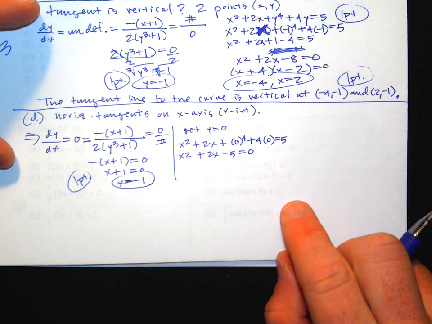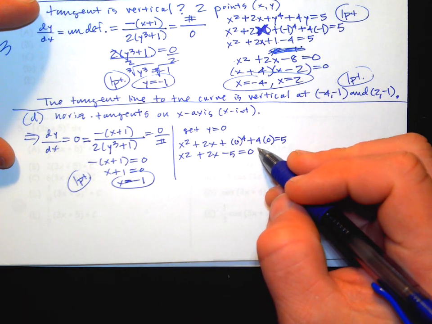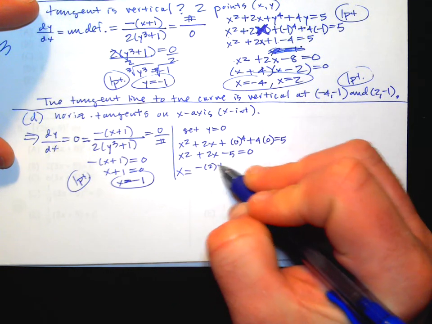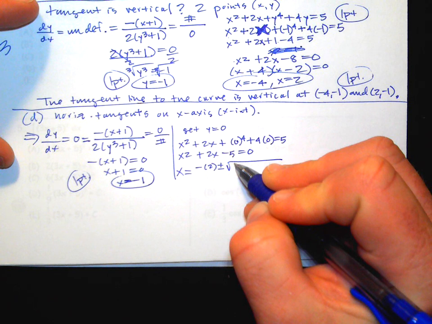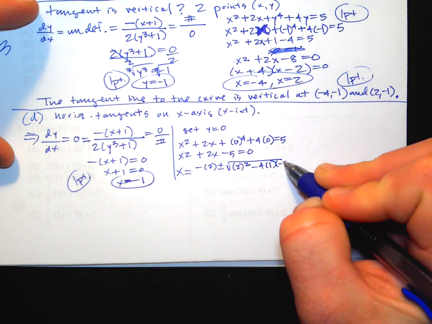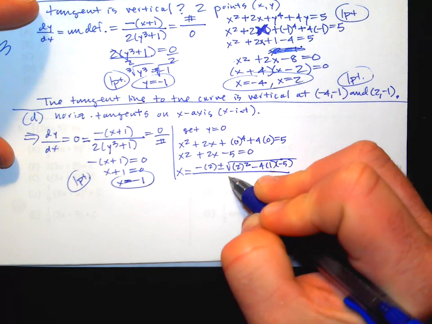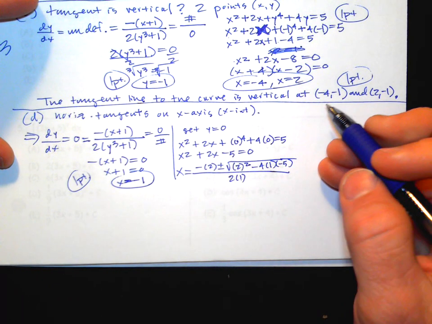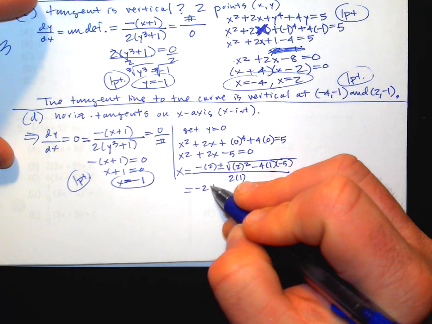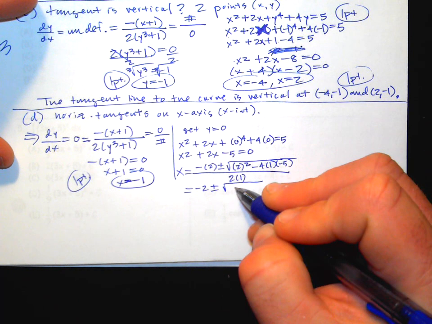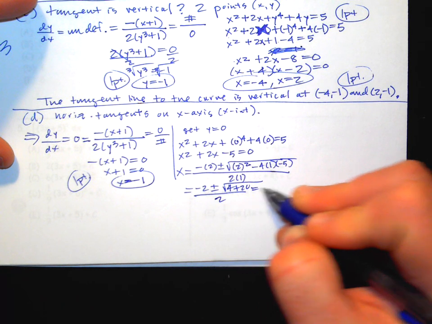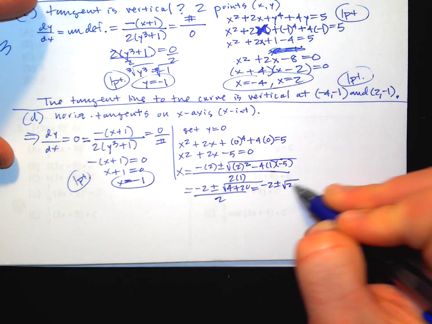Now, I don't think we can factor this, so I guess we're going to have to use the quadratic formula. x equals negative b plus or minus the square root of b squared minus 4ac, all over 2a. You guys should know the quadratic formula inside and out. That's going to give us negative 2 plus or minus the square root of 4 plus 20, which is negative 2 plus or minus the square root of 24.